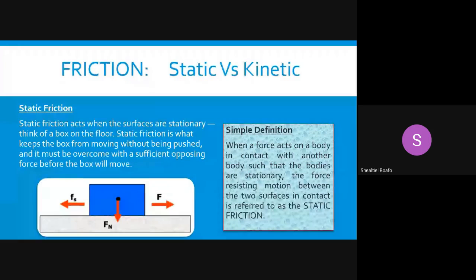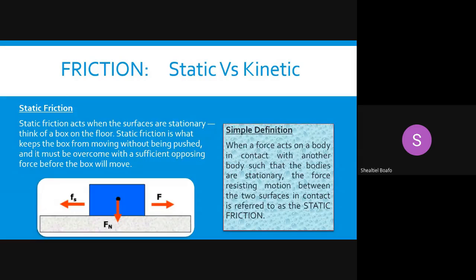But where the surface is horizontal and not a slope, then the body is just resting. In that case, there's no horizontal force, so we cannot talk about friction, whether static or whatever. When we are talking about friction, there must be a force in action for the body to resist that force, because friction itself is the force that resists motion.